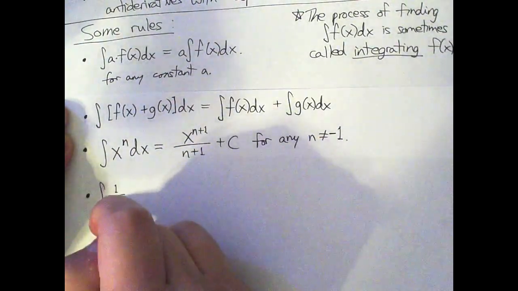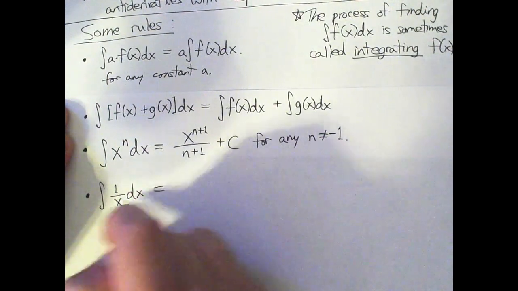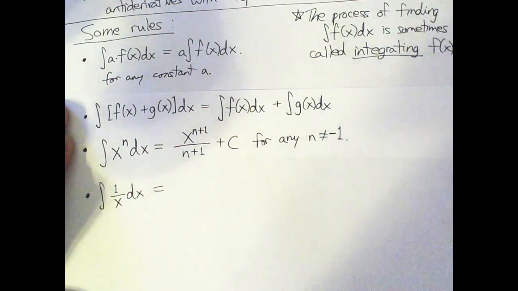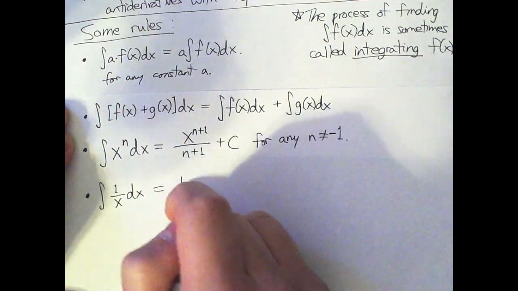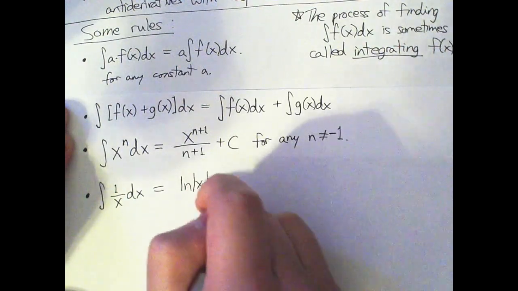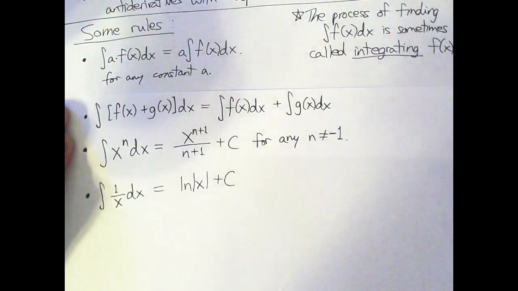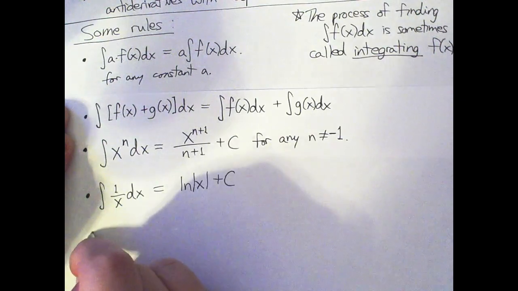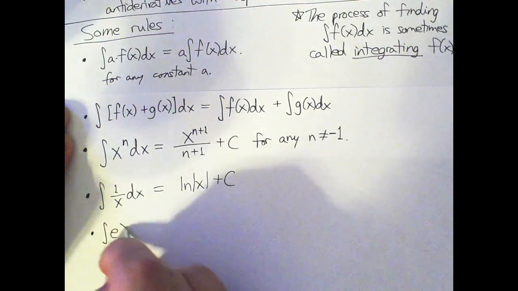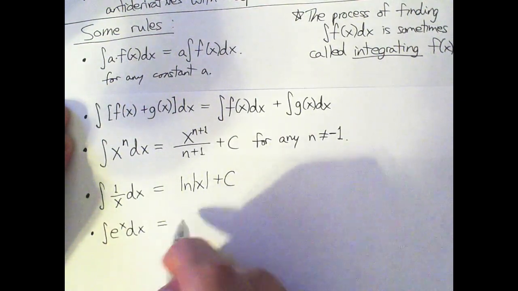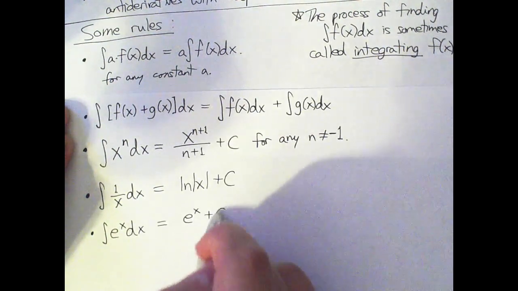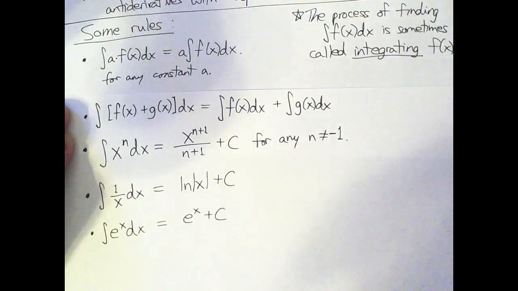What about 1 over x? We had a rule for this. The family of all antiderivatives of this is ln absolute value of x plus c. How about e to the x dx? We said this earlier was e to the x plus c.